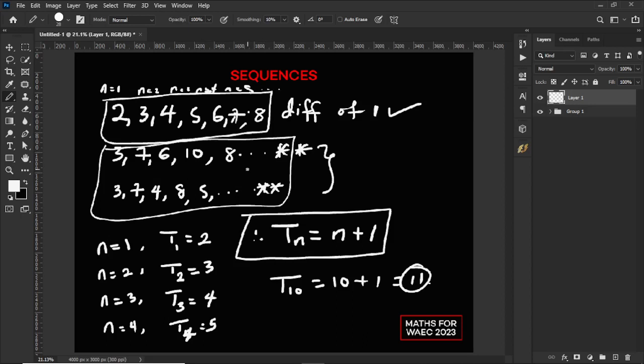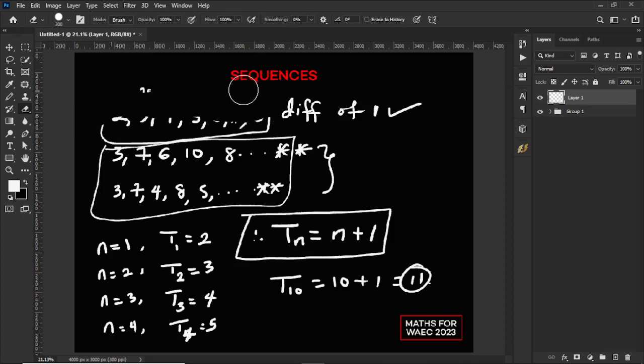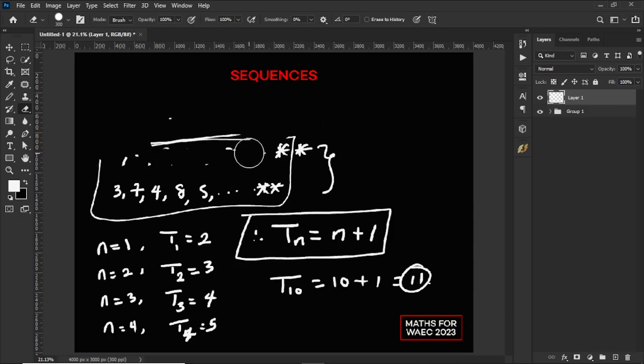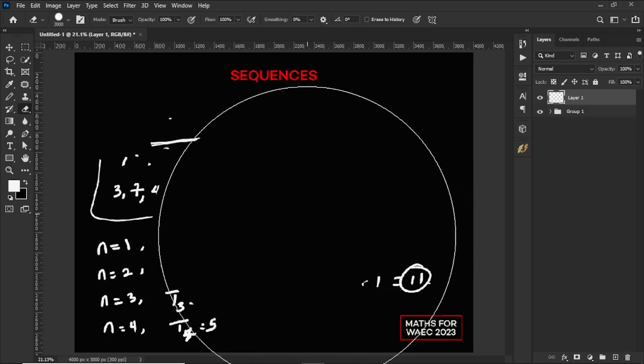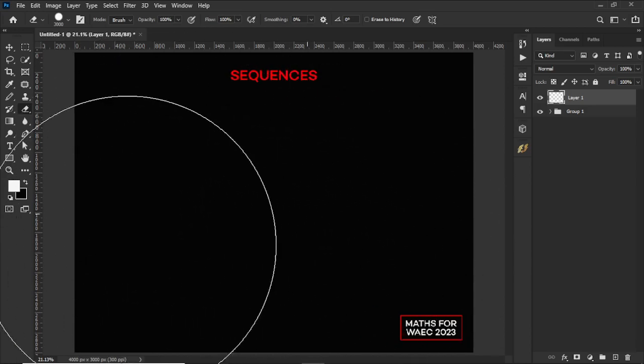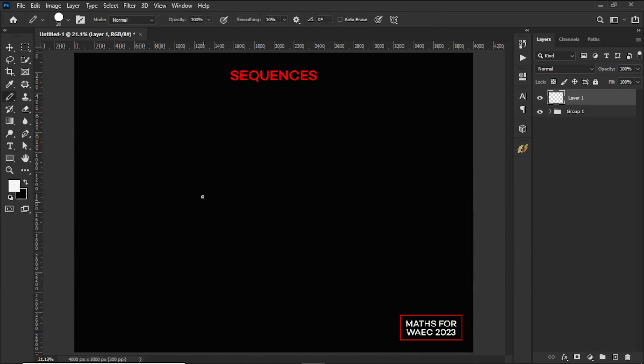Now, before we move on, I want you to tell me what you observe here and generate a formula for this particular sequence I want to give now. Let me clean the board. Now look at this example.